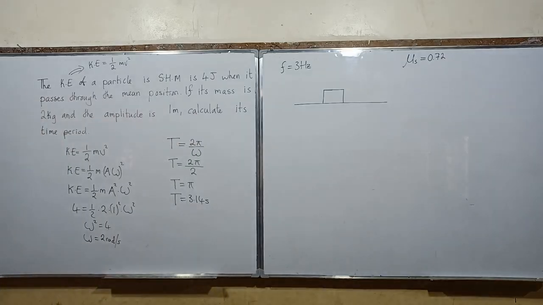What else do we have? Find the maximum amplitude of the table at which the block does not slip on the surface.